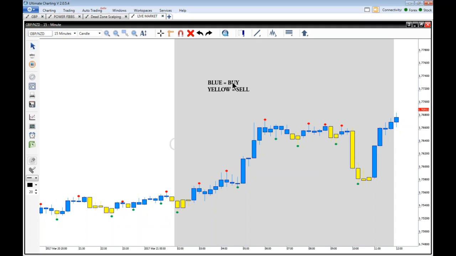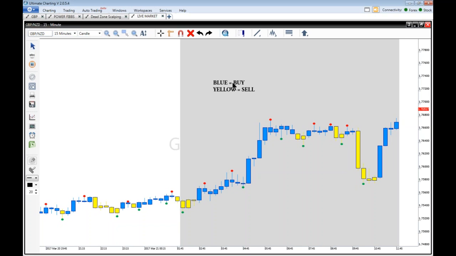No. Strategy number one, there are 3 more different strategies you're going to learn in class. I'm going to show you this simple one right here. That's literally, you have to know nothing about the market to trade it. The candle at 12 noon is blue, which is a buy candle. But we don't buy that because we want confirmation of that. So we need to wait for another blue candle to appear after the yellow has already commenced.